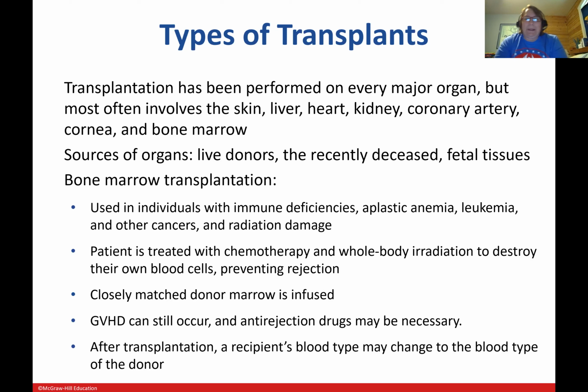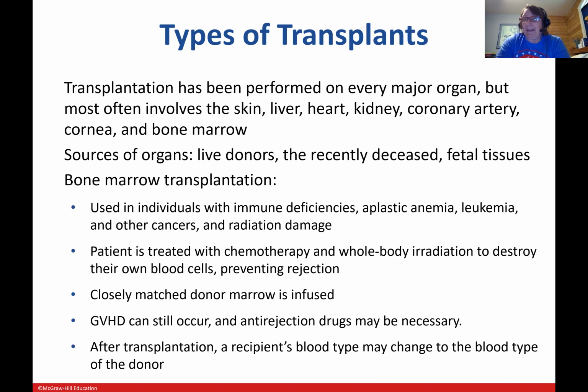Bone marrow transplantation is one of those things. Now that completely regenerates. So if you go in and you scoop some bone marrow out of one person and place it into another person, that will form proper bone marrow in both individuals, and the bone marrow from the donor will completely regenerate. So typically that's used in individuals who have immune deficiencies, things like aplastic anemia, people who have leukemia.